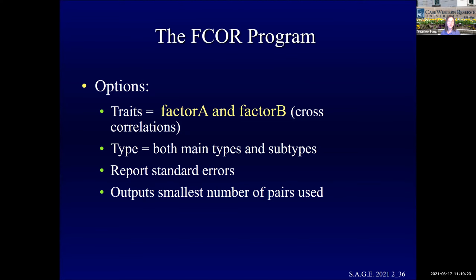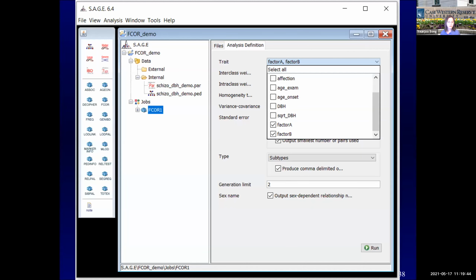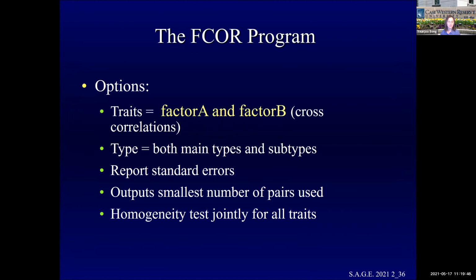One of the reasons that we want to do that is that if the smallest number of pairs used is less than, let's say, 20, the standard errors may not be good. So it's a good idea to actually check the pairs file. Sorry about that, I clicked too fast.